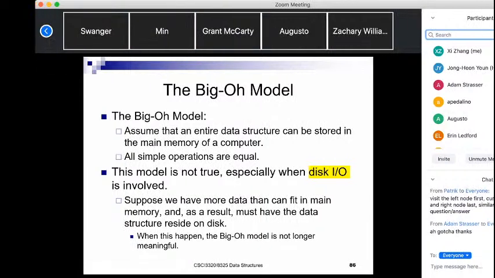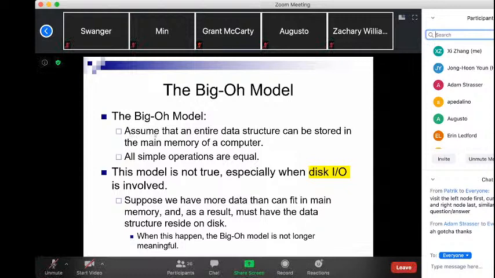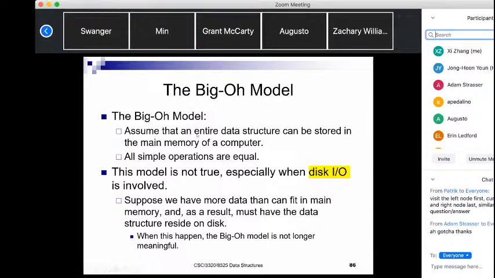So our Big-O model does not strictly hold at this stage. So we assume the entire data structure can be stored in main memory, but that's not the real-world implementation of B-tree. B-tree was very popular in the 1970s, 1980s, and was not popular after that because memory was cheap.